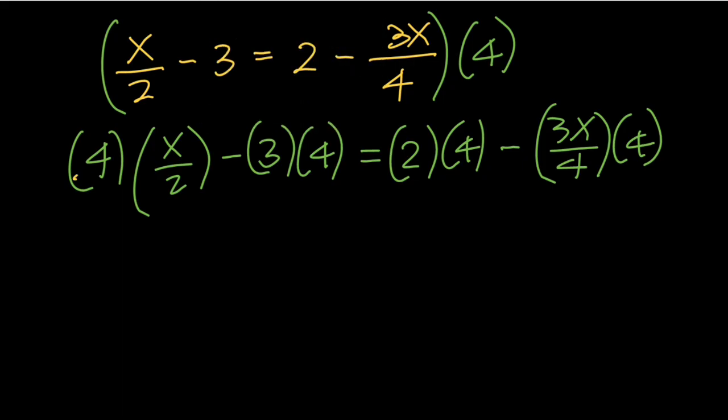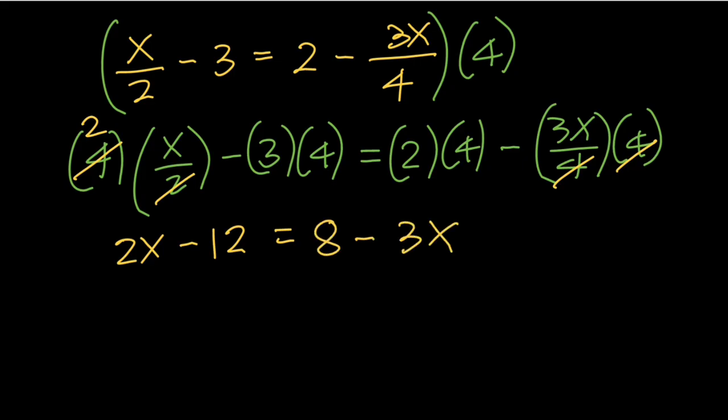Alright? Then this one, 4 divided by 2 is 2. Then 4 here cancels out, so we can simplify. 2 times x is 2x minus 3 times 4 is 12 equals 2 times 4 is 8 minus 3x.